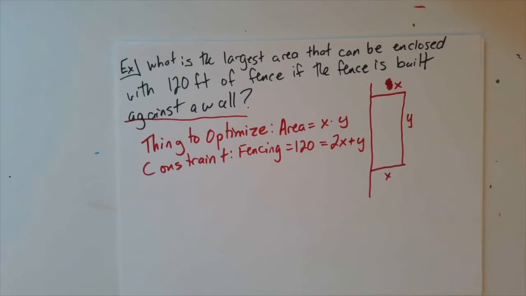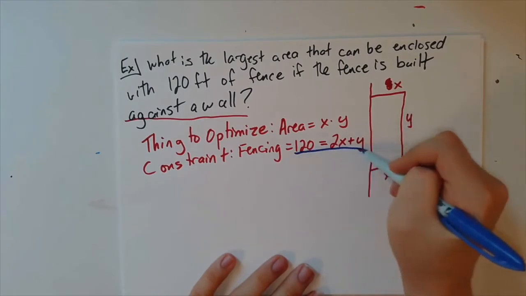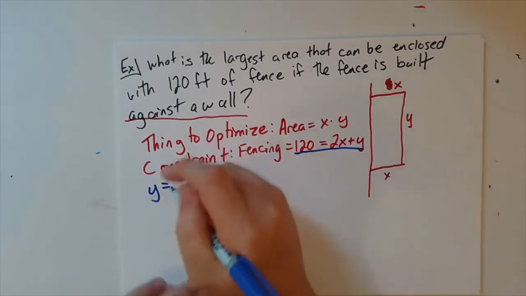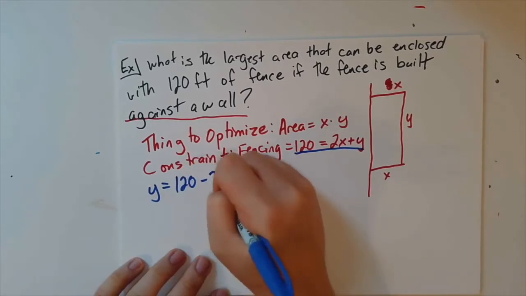The next thing we do is always to solve the constraint for one of the variables so that we can eliminate that variable from the thing to optimize. In this case, I'm going to solve this equation for y, which gives me y equals 120 minus 2x.